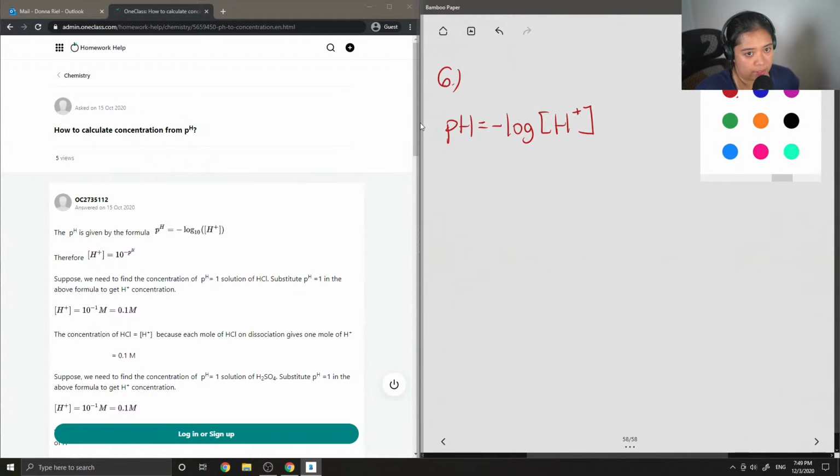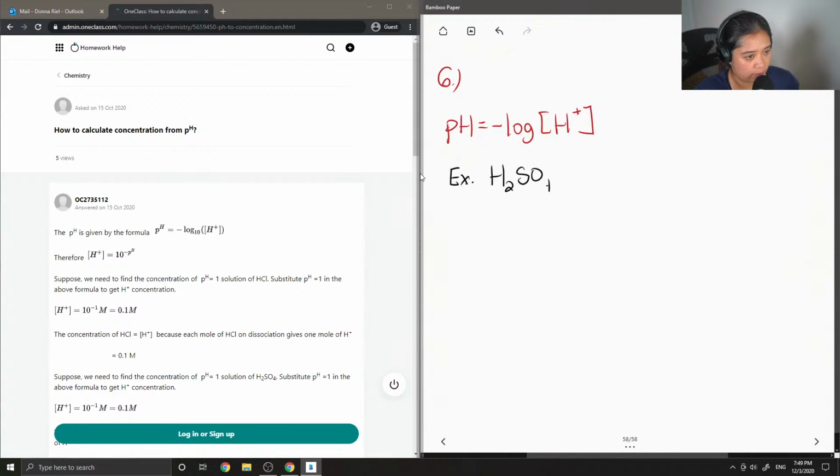So let's have an example. If we had a solution of sulfuric acid, this dissociates into its ions, H plus and sulfate ion, anion.